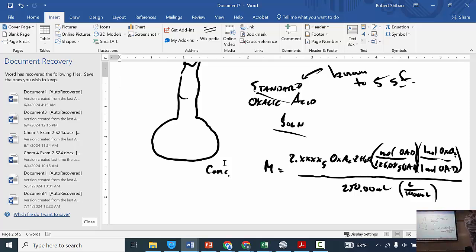If it disappears before 30 seconds, then you're not there. Unless you're breathing on it. If you're breathing on it, then 15 seconds is probably okay, because each time you exhale, what are you exhaling? CO2. And is CO2 an acid or a base? CO2 is an acid. So if you exhale on this, the color is going to disappear faster.